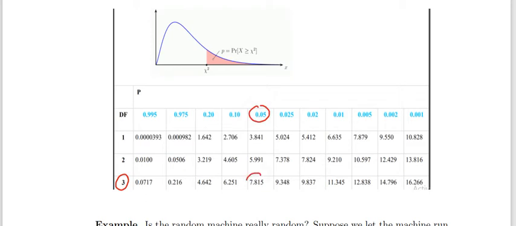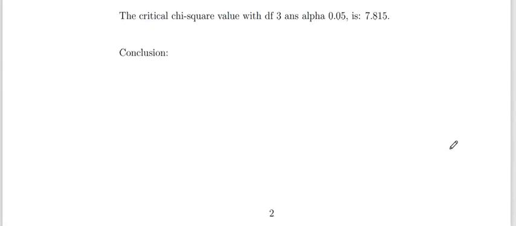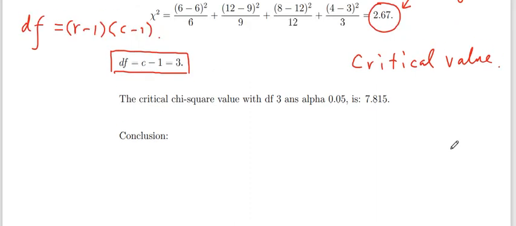Okay, so we get this number, and this is the critical value. We see the critical value is 7.815. We use this number to make a judgment, big number or small number.